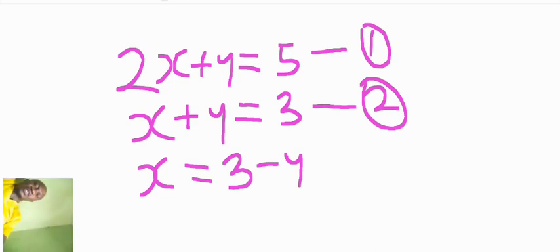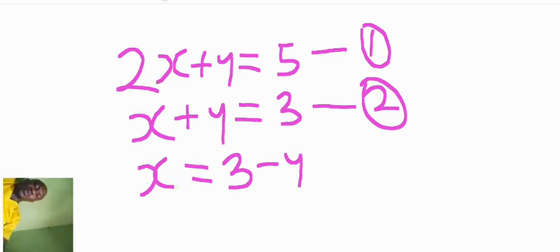So that is the first step. Let's go to step 2. Substitute the isolated variable in the other equation. So it is very simple. We have made x the subject in equation 2, and we have 3 minus y. So we are going to substitute the value, that is 3 minus y, which is the value for x, in equation 1.